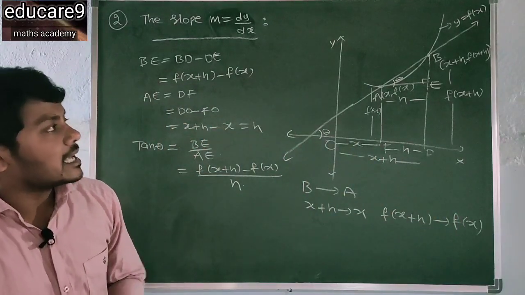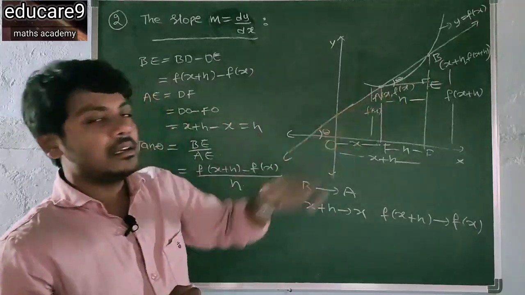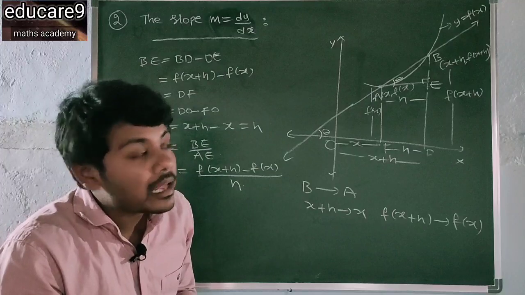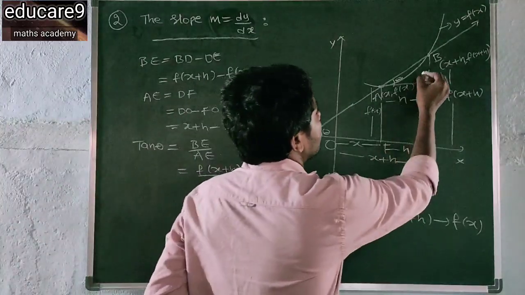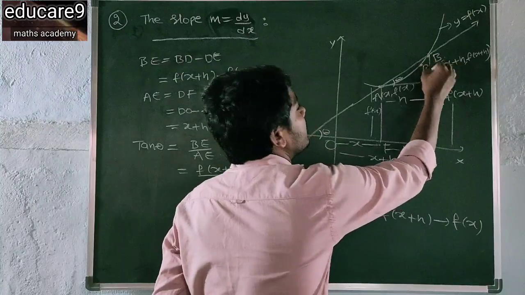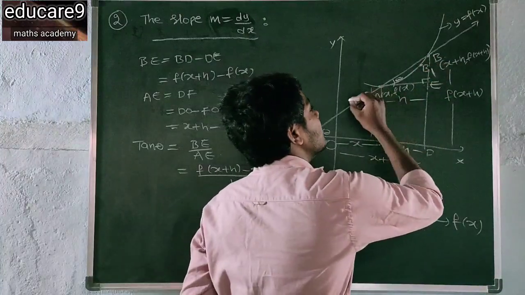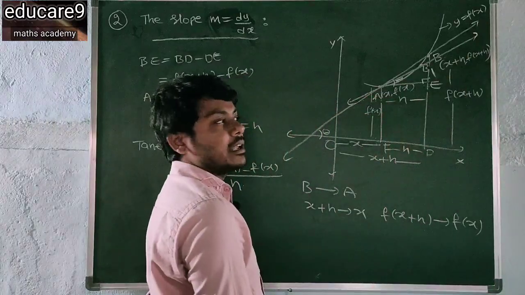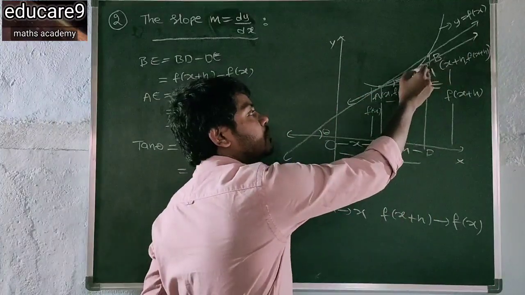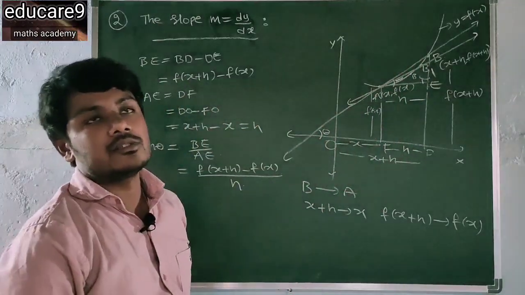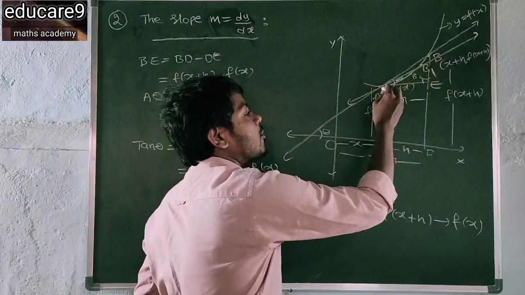So in that case, this AB line changes to a tangent line. See here, suppose B is moved to some B1 and you join this, you get the AB1 secant line. Suppose this is moved to some B2, and AB2 is also a secant line. So finally B reaches the point A.